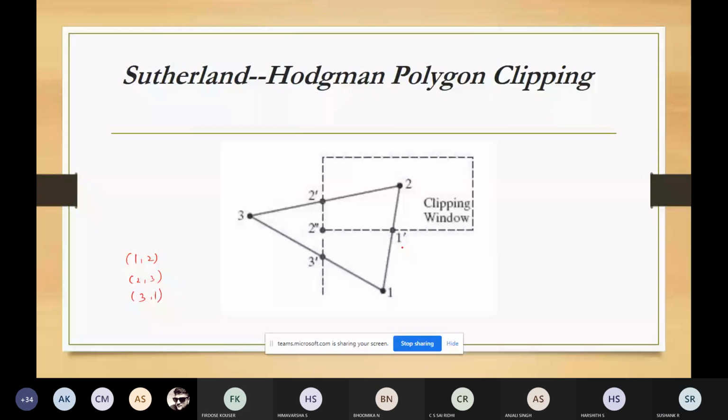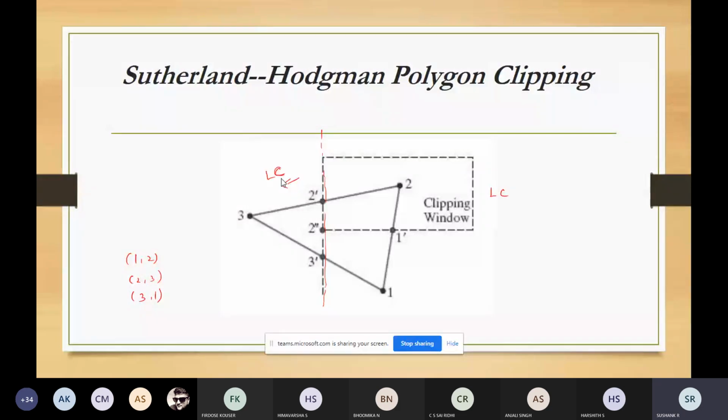First we will talk about the left clipper. We know that it will be passed through left, right, bottom, top clipper. When you're talking about the left clipper, see, this line will come under the left clipper area.